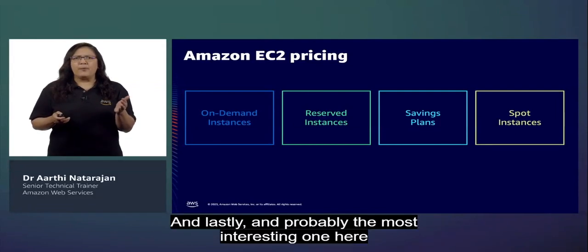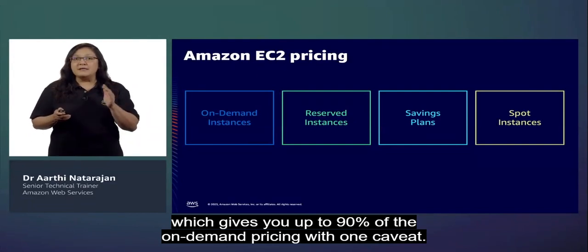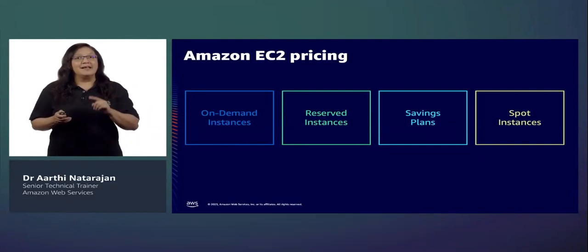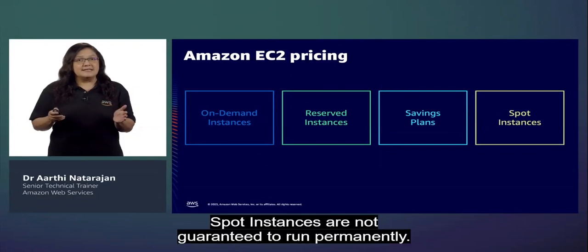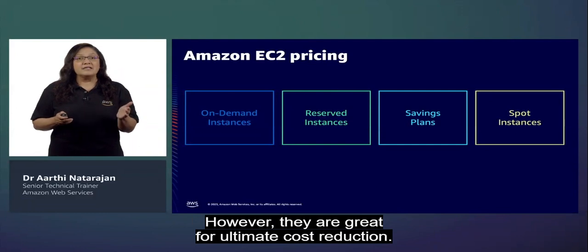And lastly, and probably the most interesting one here, is spot instances, which gives you up to 90% off the on-demand pricing with one caveat. Spot instances are not guaranteed to run permanently. This means you need to be strategic about how you deploy them. However, they are great for ultimate cost reduction.